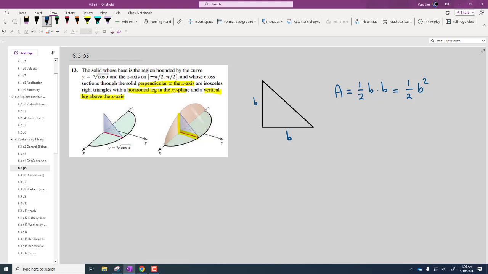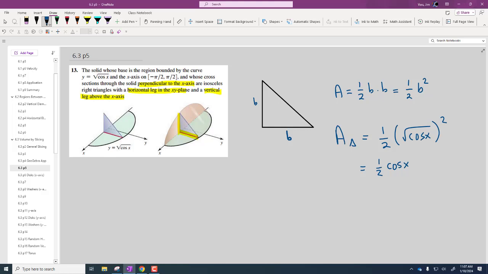All right, so what is acting as the base in this case? Yeah, that square root of cosine is acting like our base. So the area of our triangle is going to be 1/2 times root cosine squared. So this is going to be 1/2 cosine x. So that is the area of the isosceles triangle at x.